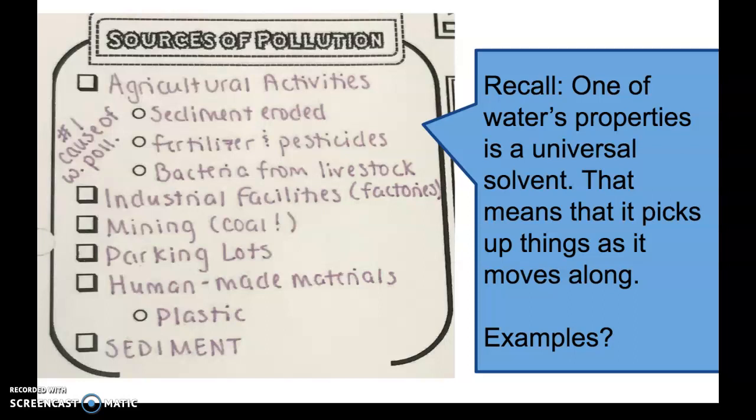Parking lots. Whether you think about it or not, maybe you will think about it the next time you see a parking lot, but parking lots can be a huge source of water pollutants as well.